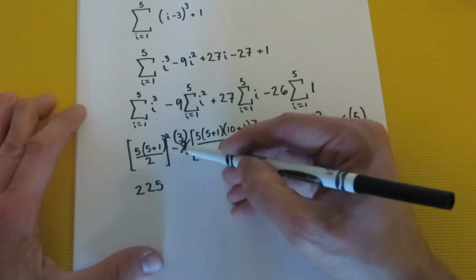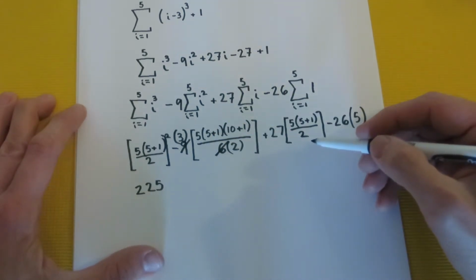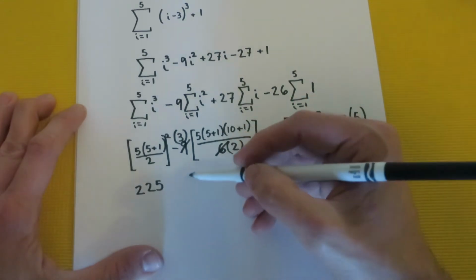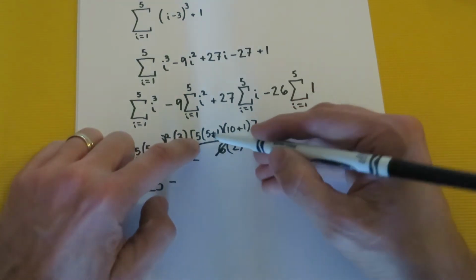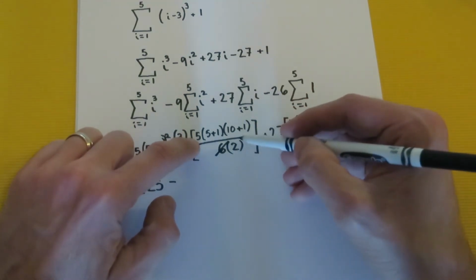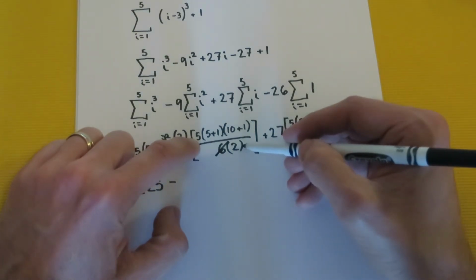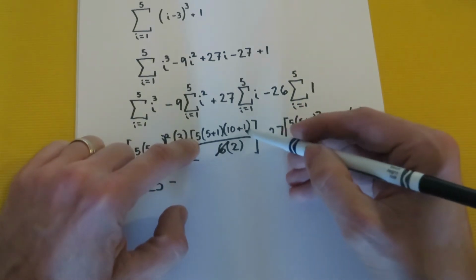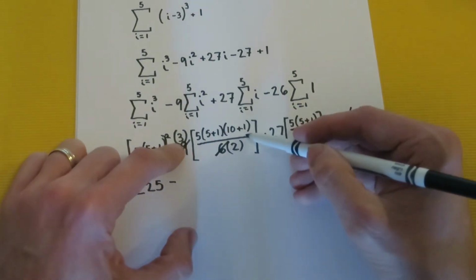Anytime I simplify, I like to cross things out and then put what's left over in brackets. That's just my way of doing things. So don't forget we have a minus here. 5 times 6 is 30, divided by 2 is 15, times 11 times 3.